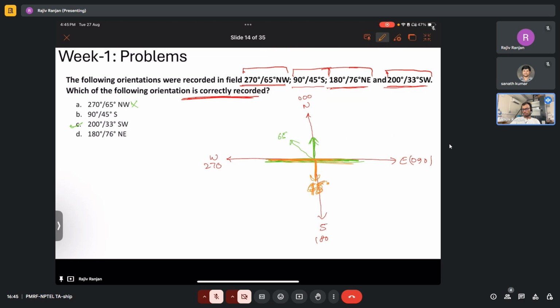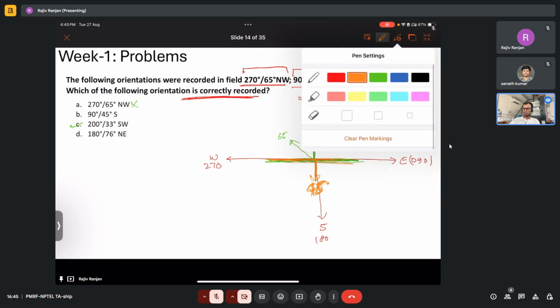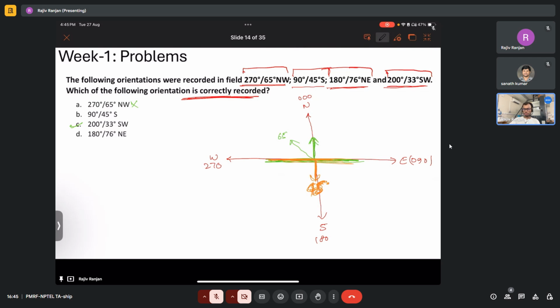What do you think, is this correct or wrong? Okay, option C. Then we'll talk about which one is correct or which is not. I am seeing that this is also a correct option, but we will check.